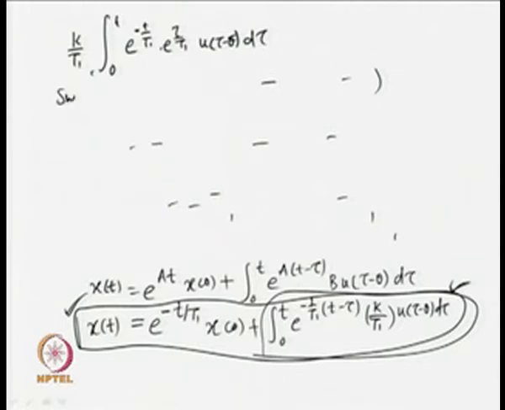Now, suppose u(t − θ) equals h. How do we find these values?